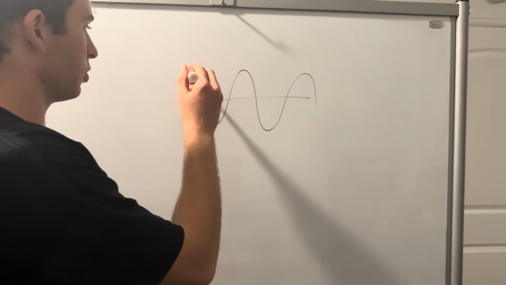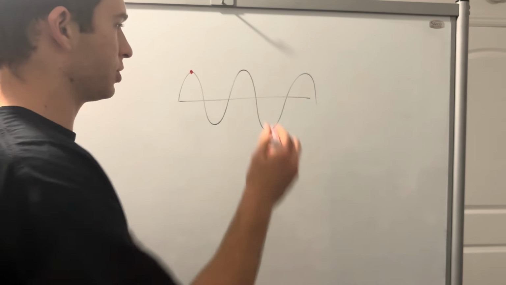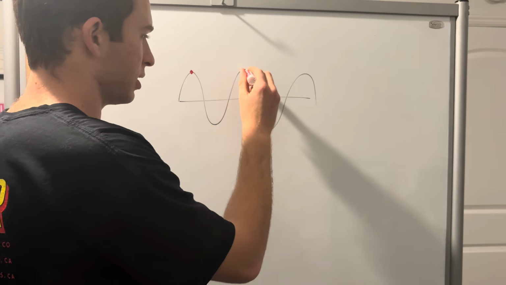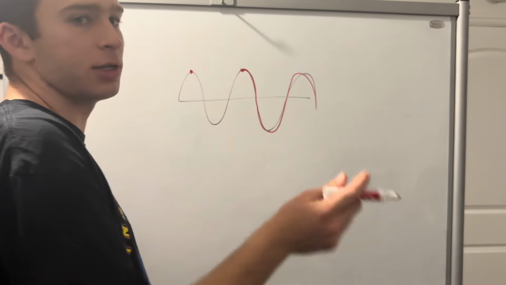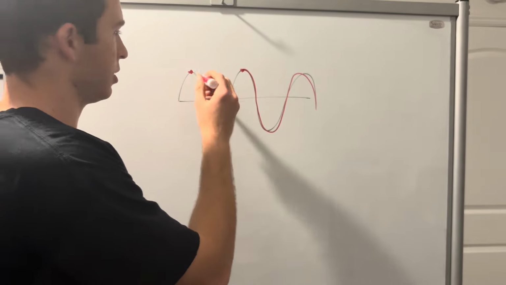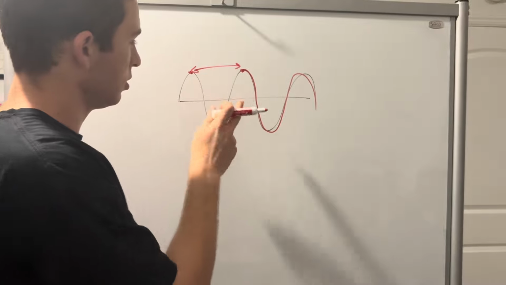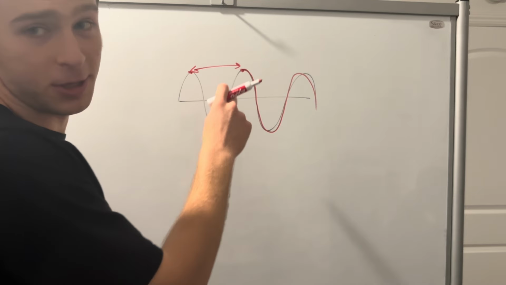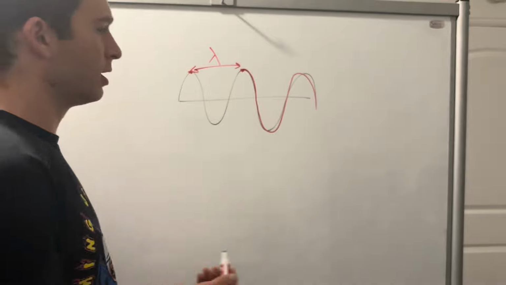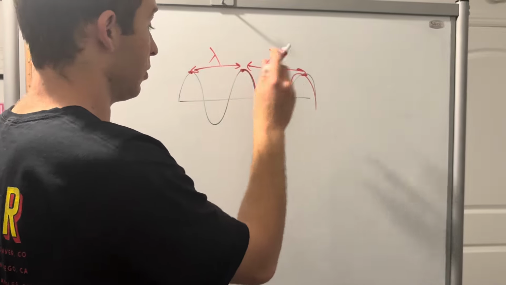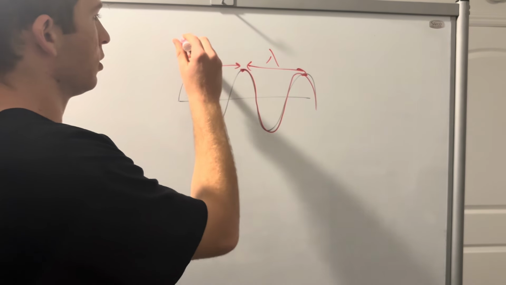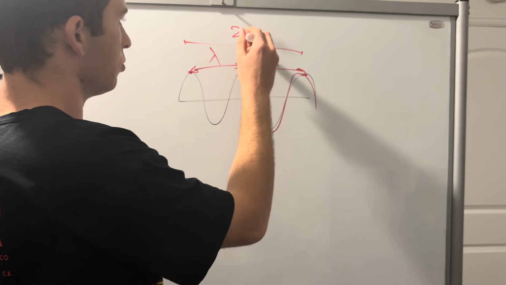Originally, I started the wave right here. Let's say I want to start it right here now, because they will still constructively interfere. How far away did I start this wave from where I first started it? Well, from peak to peak, that is 1 wavelength. I could do the same by starting it over here, and that distance would be another wavelength, or from the starting area, 2 wavelengths.